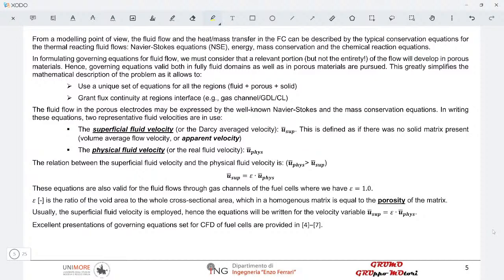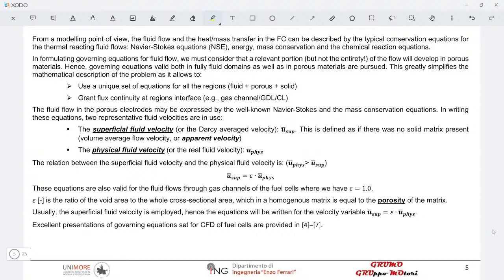There is a wide variety of empirical zero-dimensional models. So if your scope is just to reproduce the polarization curve of a given fuel cell, provided that you have some empirical coefficients, you can reproduce the voltage and current curve. Just for you to know, those kinds of zero-dimensional models do exist.